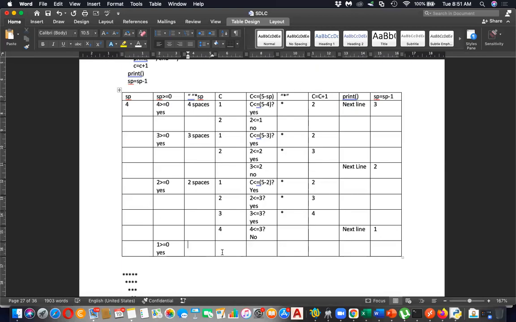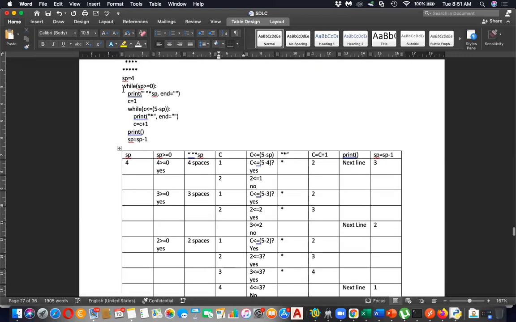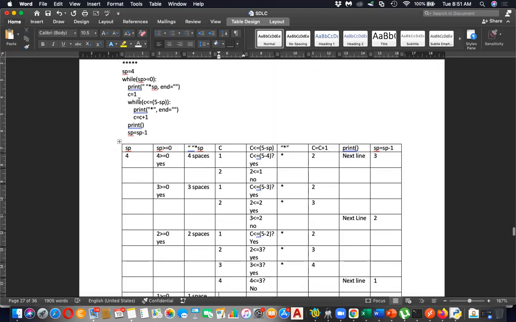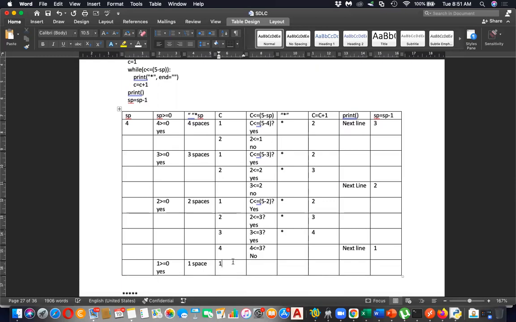One space. So what is the value of C? After 1 space, C is 1. Then you have to check C less than or equal to 5 minus SP.